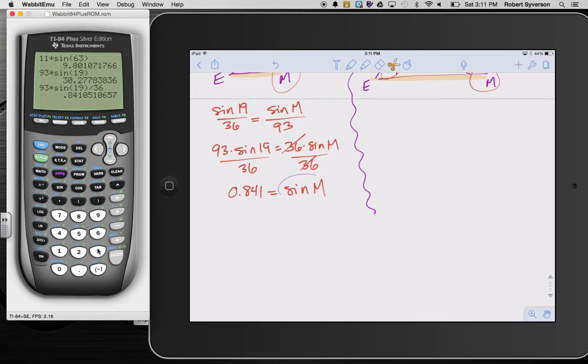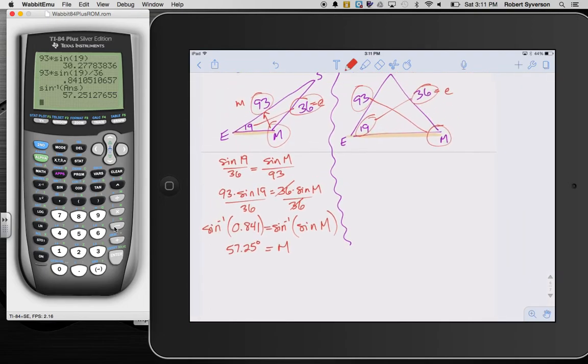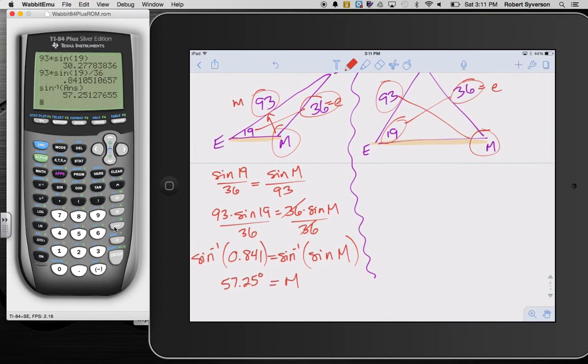All right, now to help me over here on the right, I'm just going to use the magic of electronics. There we go. Inverse sine, or the arc sine for the old school folks. So second sine, second answer, enter. We get 57.25 degrees. 57.25 degrees equals M.